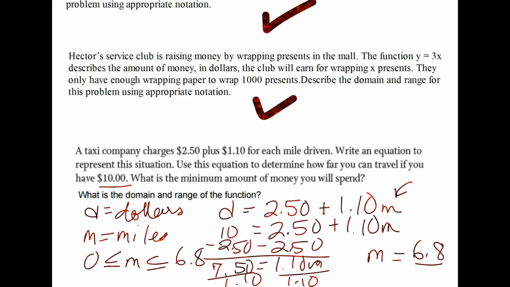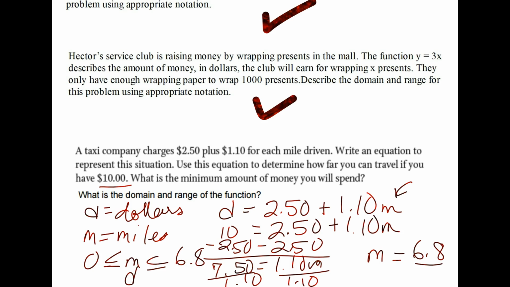That's the max. So now I say, well, what is the least amount of dollars I'll be paying? Now this is, I don't know, it'll come to me later. All right. So if D is for dollars, if I go 0 miles, how much money am I paying?